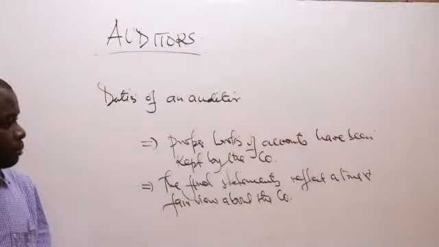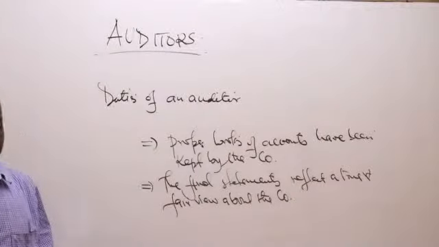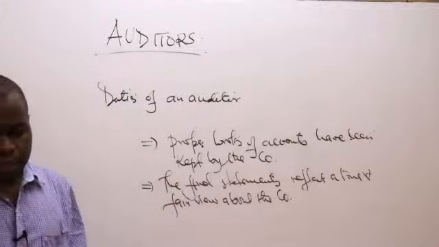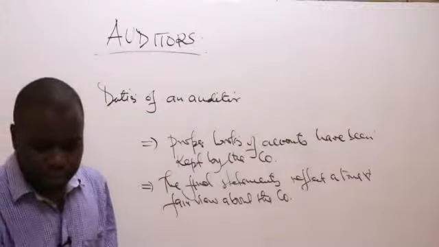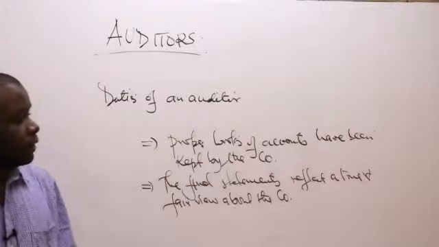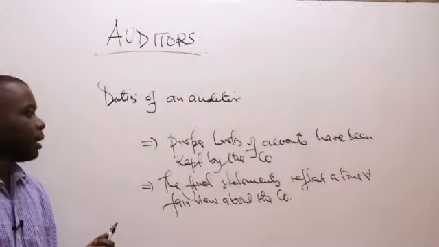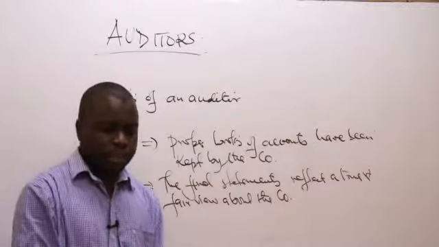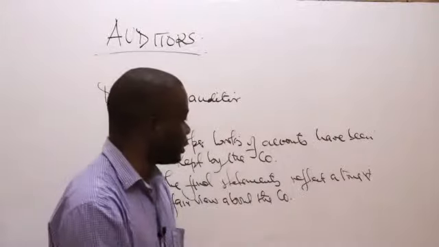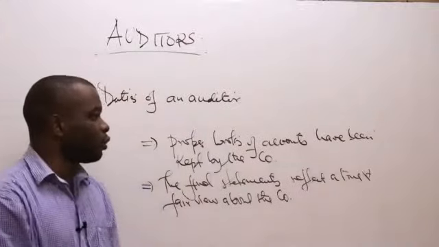So that will be part of his duties or roles as an auditor of the company. So, ensuring that proper books of accounts have been kept and the final accounts reflect a true and fair view about the company.